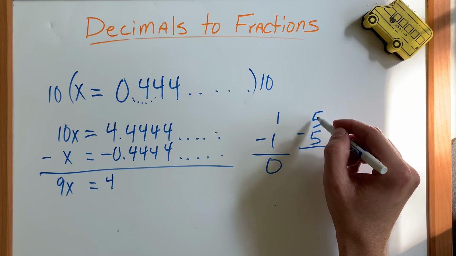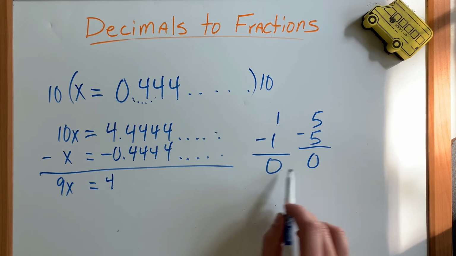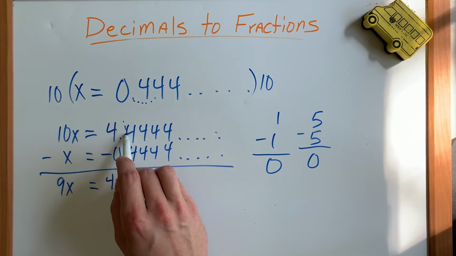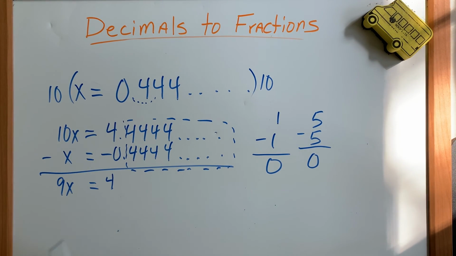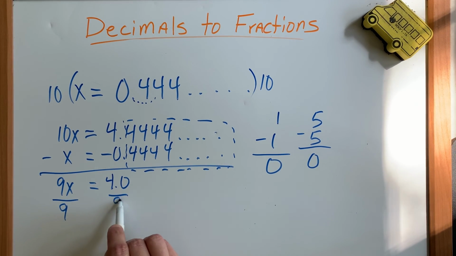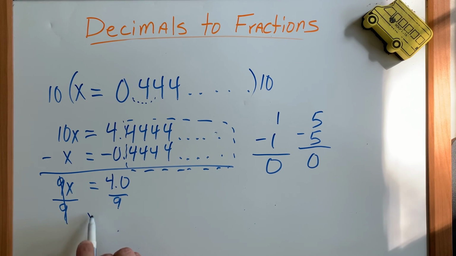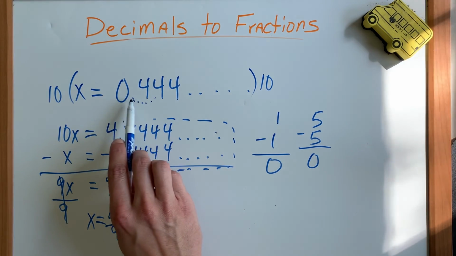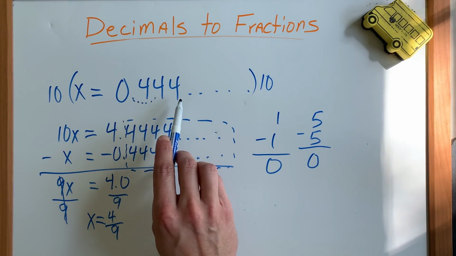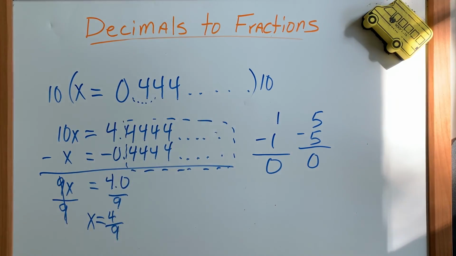You take something and subtract it from itself, you're left with nothing. That's exactly what's happening right here. So I get 4.0, and now I divide both sides by 9, and I get x equals 4 over 9. And if you put 4 over 9 into your calculator, you will get the decimal 0.4 repeating, or 4s forever.